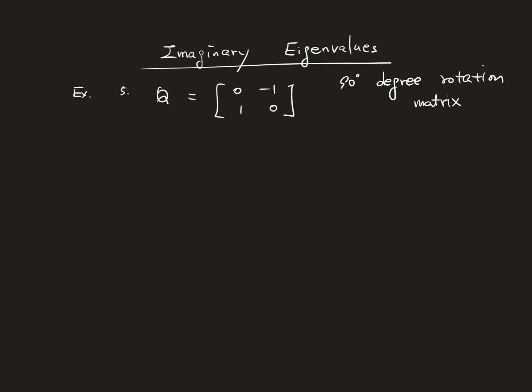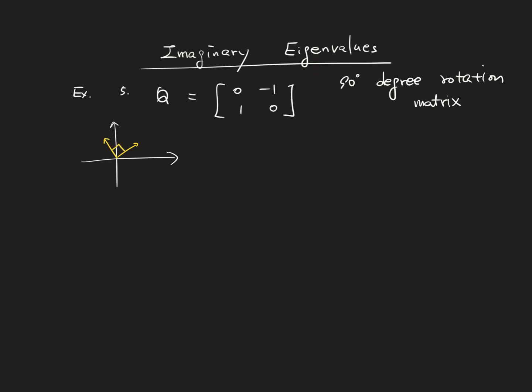Now we consider the case of imaginary eigenvalues. This matrix Q is a 90-degree rotation matrix, because we are in 2 dimensions, a plane, and we rotate the vector by 90 degrees.